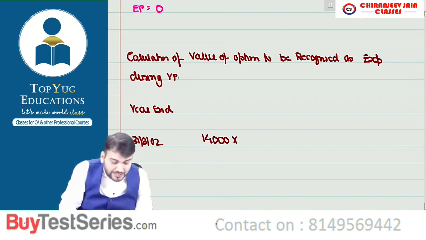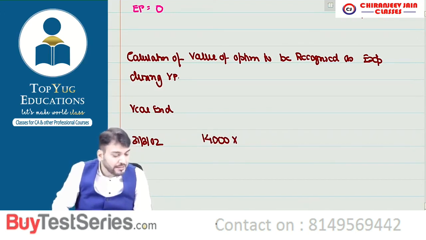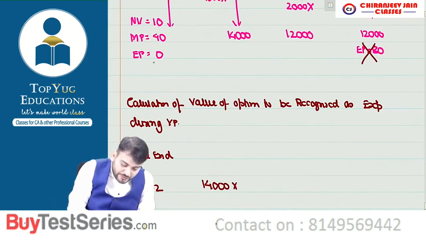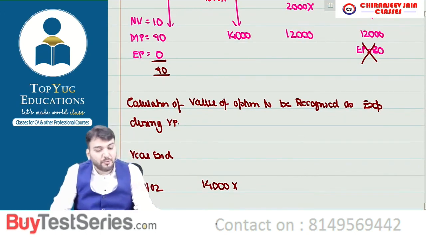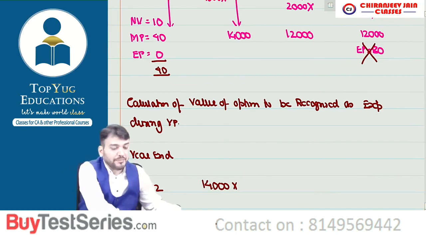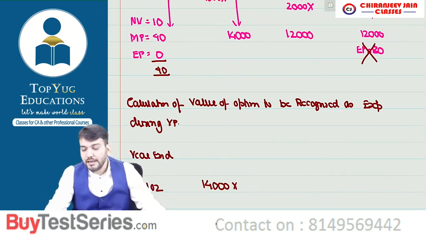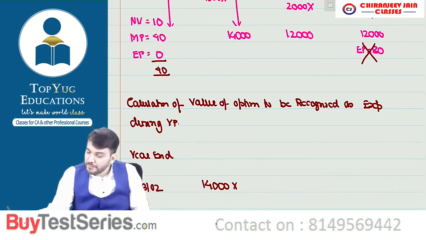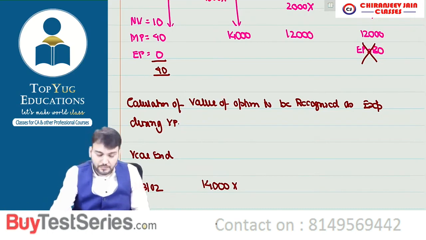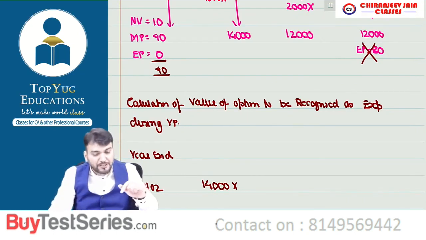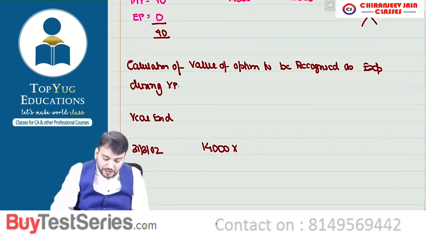14,000. What is the intrinsic value? Intrinsic value is 40 minus 0, so intrinsic value is 40. Yes or no? Intrinsic value means market price on grant date minus exercise price. Since exercise price is not given, we'll take 40 only.